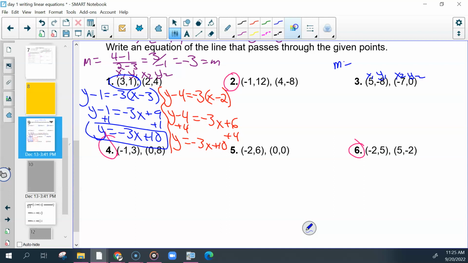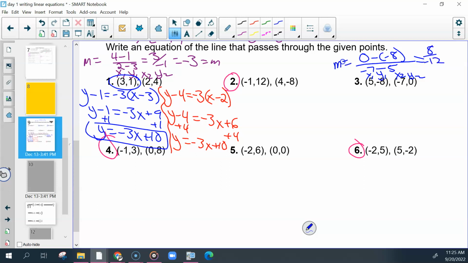So this would be 0 minus a negative 8 over negative 7 minus 5. So 8 over negative 12.